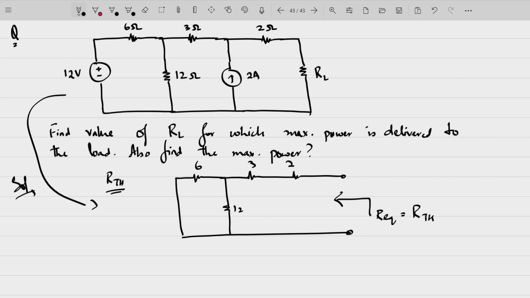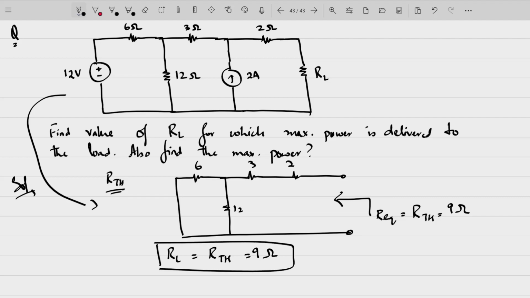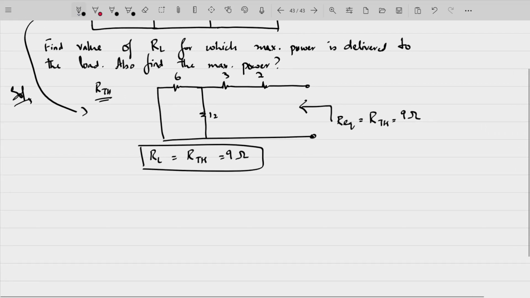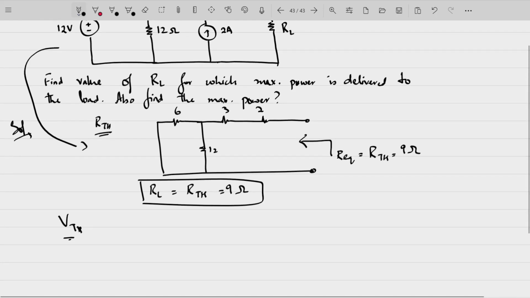So that is 9 ohms. This will also be the load resistance at which maximum power will be delivered. Now we have to find the maximum power also, so we have to find VTH also.